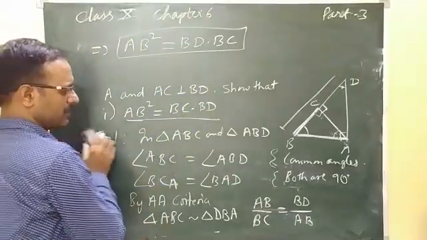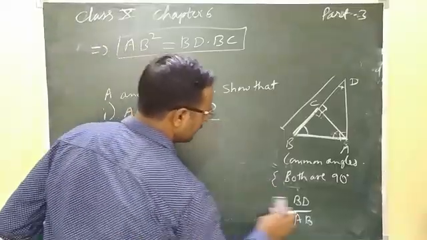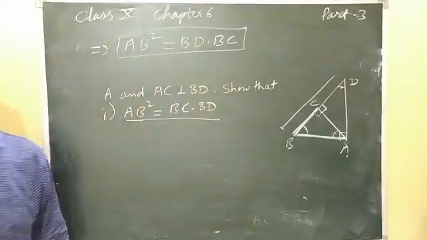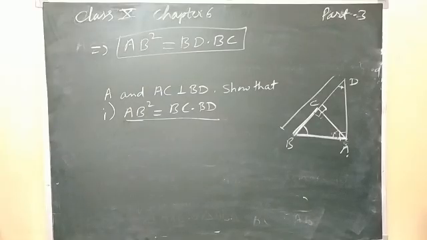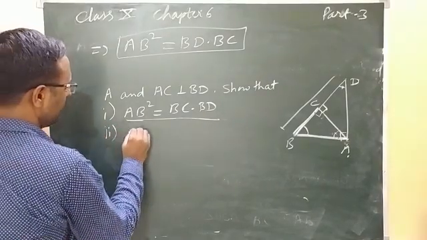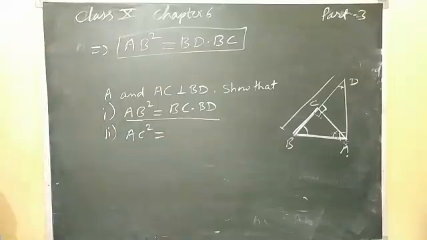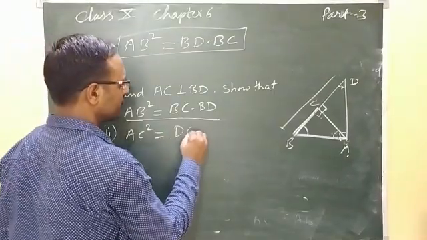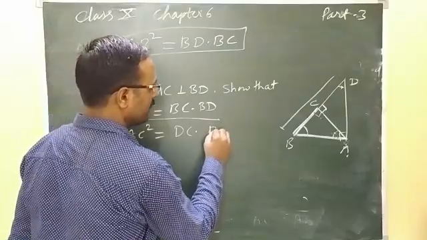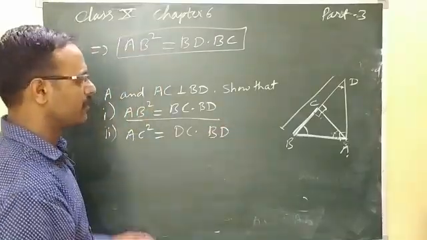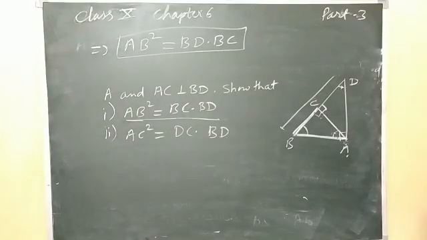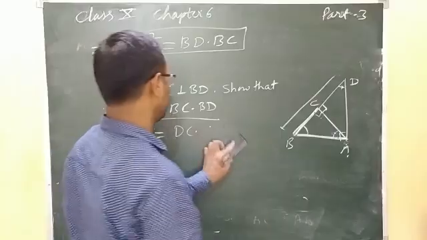Now coming to the second question. What is the second question here? AC square equal to DC into BC.